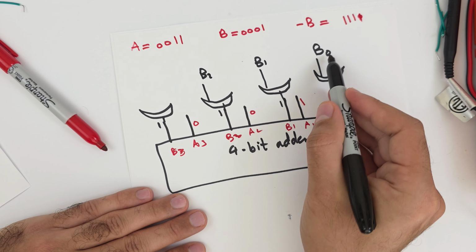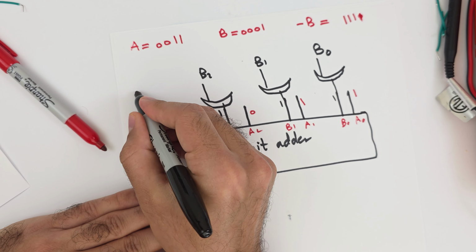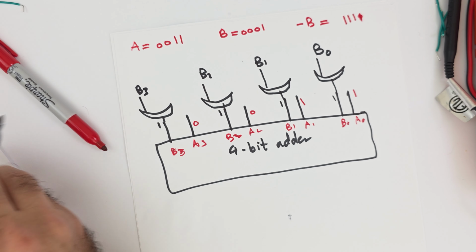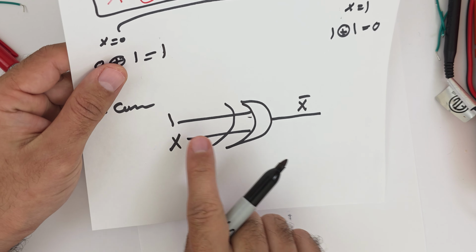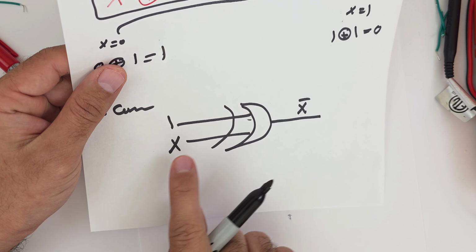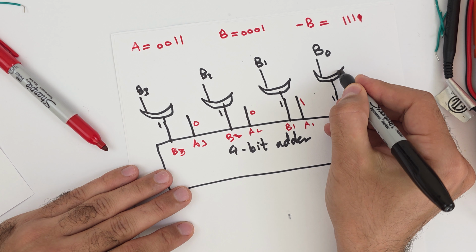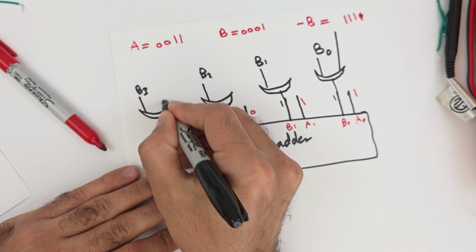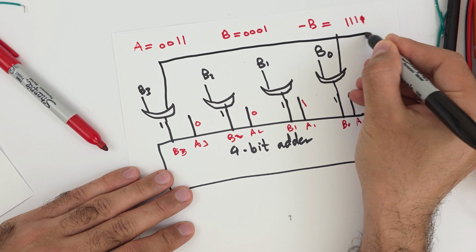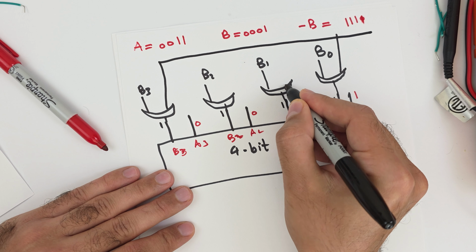I mean like bit 0, bit 1, bit 2, and this is bit 3. And then all other pins for each B bit are going to be 1. So I am going to do it like this, and I am going to add here 1, right?